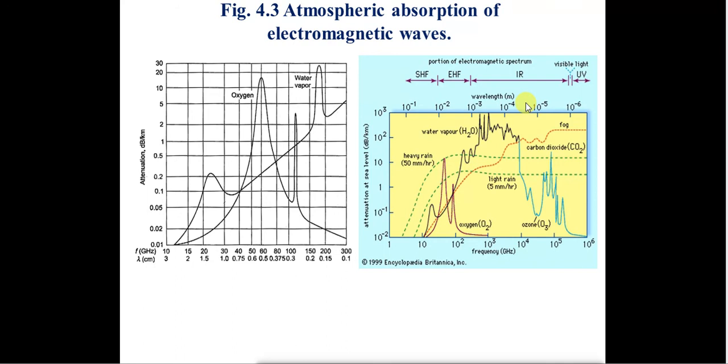If we want to design a system which is to be operated on frequencies above 10 gigahertz, then we must have proper knowledge about the absorption of electromagnetic waves by the atmosphere. Atmosphere here represents the oxygen level and the water vapor or the humidity or the fog or the carbon dioxide, etc. So this graph is very, very important.